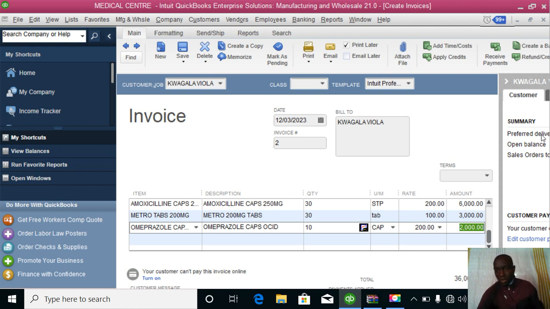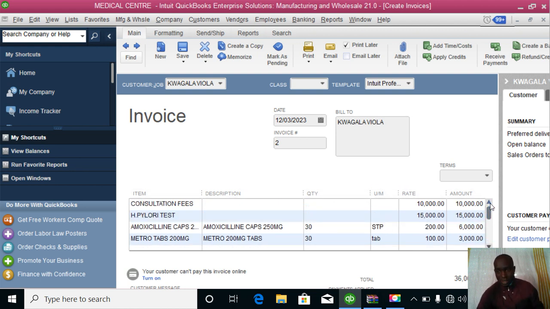So the system has made the total bill of this client to be 36,000. Sometimes the client might want to know, what is my bill made up of? How has it become 36? Consultation was 10.